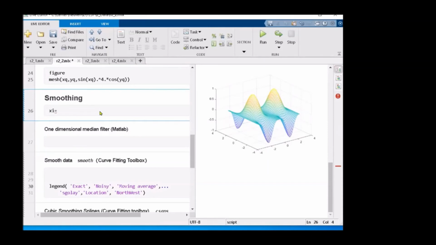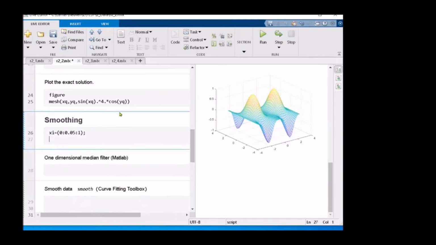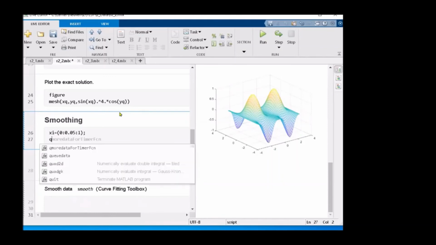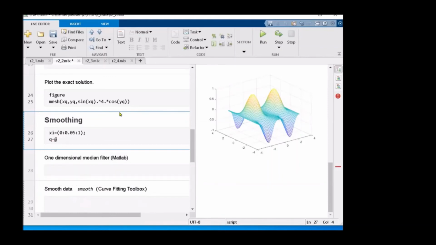Let me show you. Let's build a new function. For example, xy is equal to from 0, with increment, till 1. It's our argument. And also we can make the anonymous function. Do you remember you already used it in May?